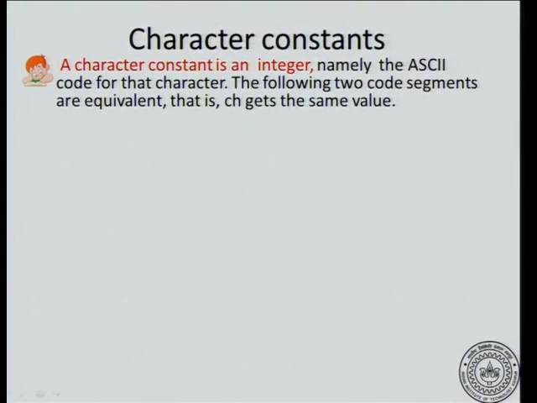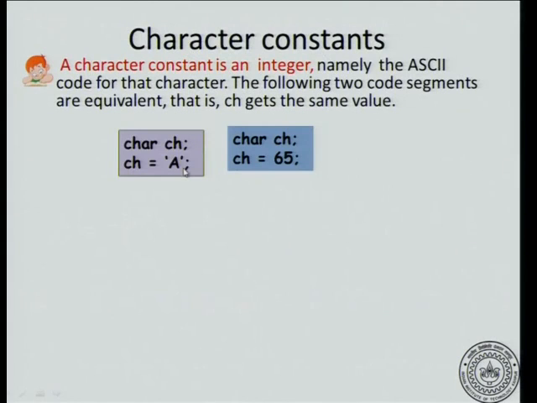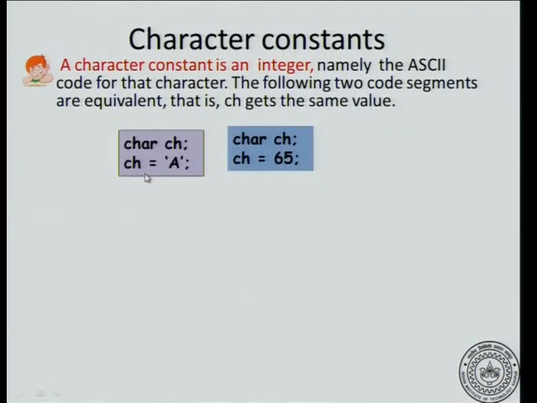Let's recall that a character constant is an integer, namely the ASCII code for that character. I'll emphasize this with a very strange code. I can declare char ch and say ch equal to 'A' within single quotes.